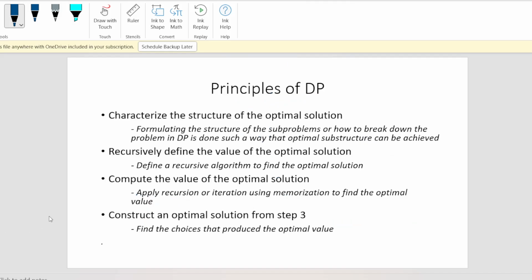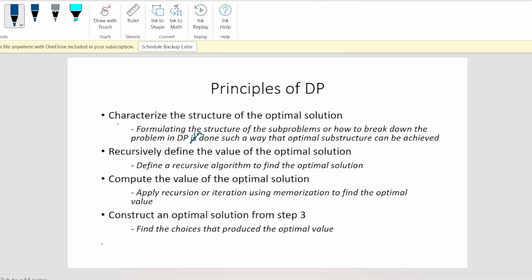So this is the last topic of this lecture, and that is principles of dynamic programming. The first principle is characterize the structure of the optimal solution, which means formulating the structure of the subproblems or how to break down the problem in DP in such a way that optimal substructure can be achieved.